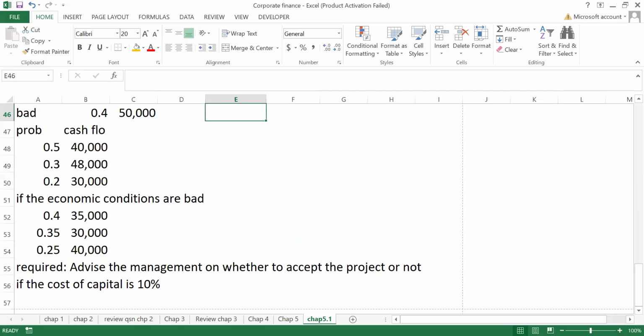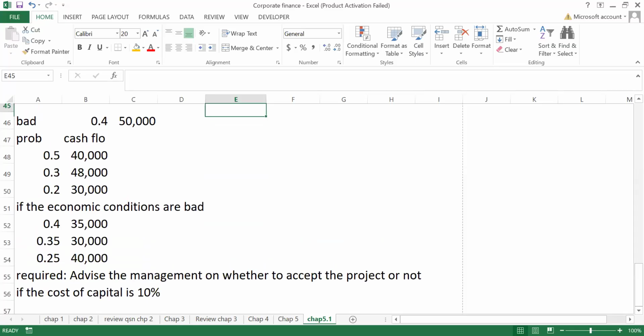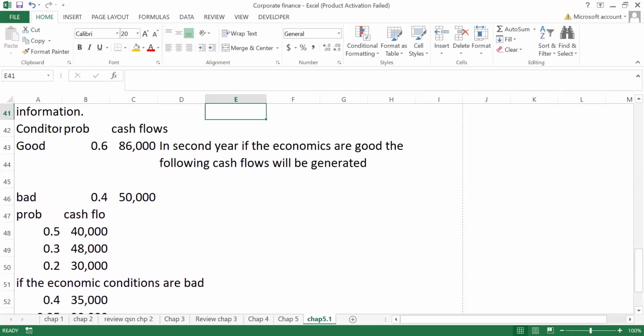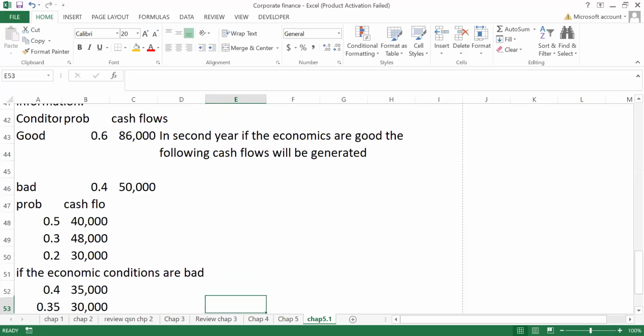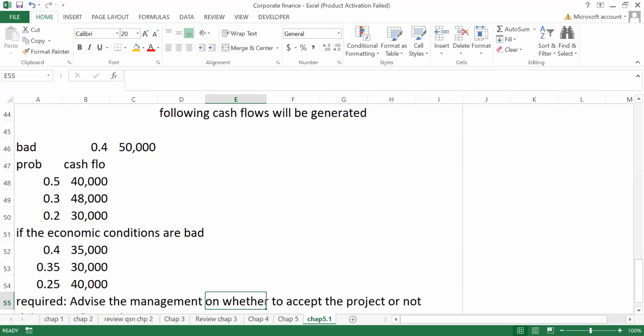Excuse me, sir. I'm not understanding how the question is, because in the first year we have only two probabilities of bad and good, and then when you come to the second year, good has three probabilities.